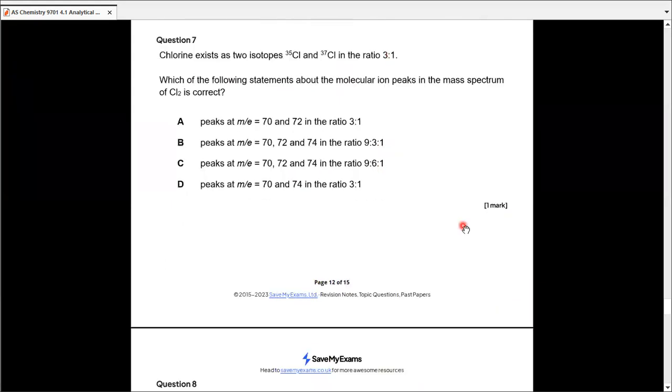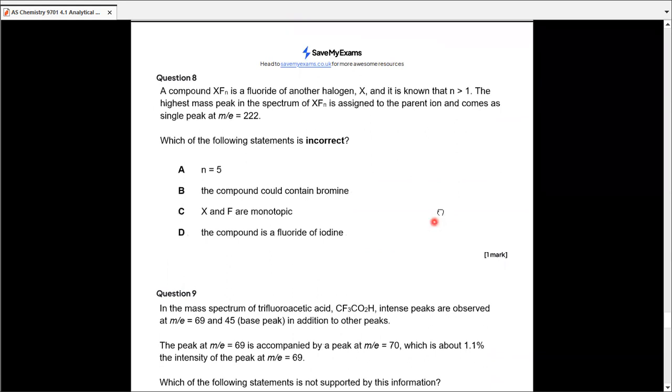Okay, question number 7. Fluorine has two isotopes. The following are molecular ions, and the mass spectrum of Cl2 is correct. Too easy. C. I knew you would catch the hint in a jiffy.